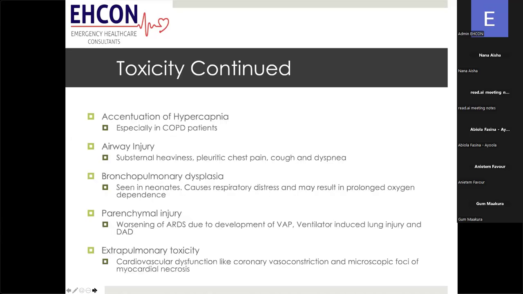What are some of the others that we might see? Accentuation of hypercapnia. This is particularly important in our COPD patients who are using the CO2 as their respiratory drive. When we give so much oxygen, sometimes the brain is fooled into thinking that ventilation is adequate. And so these patients just stop taking breaths at the same rate that they would normally do.